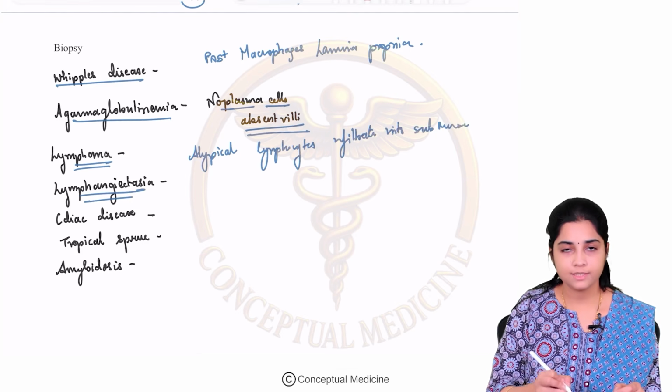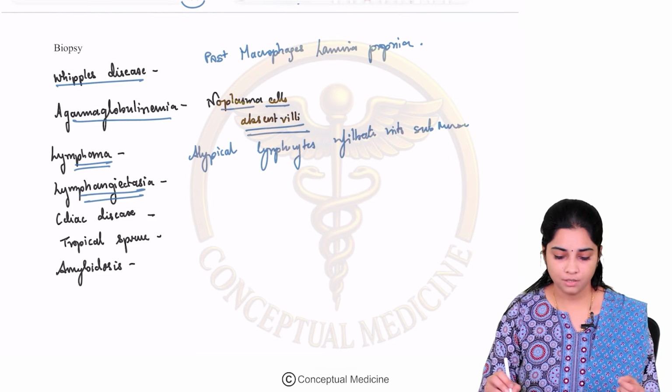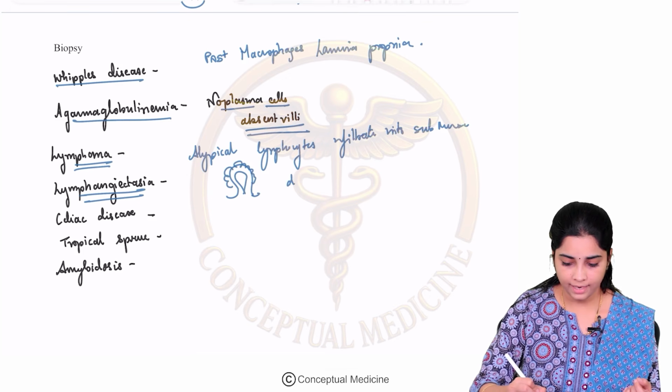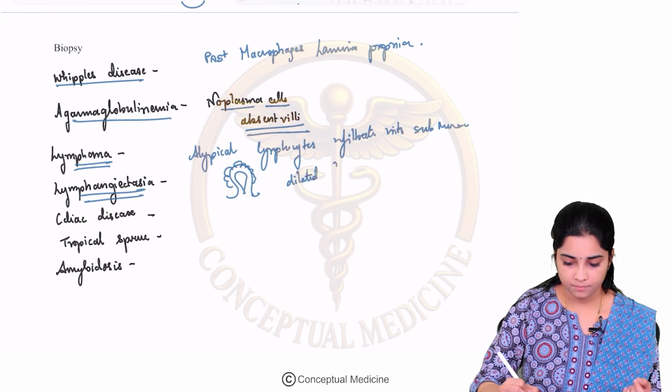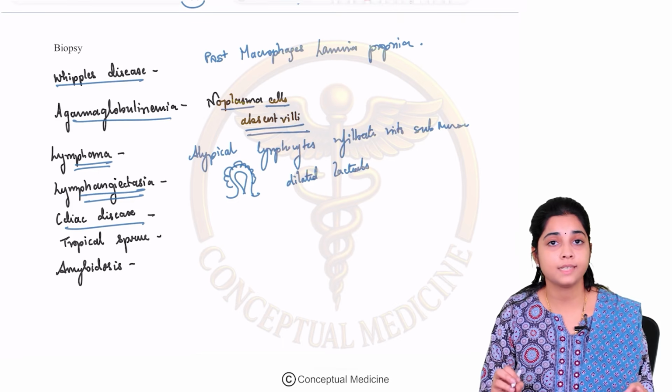In lymphangiectasia, there are abnormal lacteals, so this is a post-absorptive defect. You can find dilated lacteals on the biopsy. What are the histopathological changes in celiac disease?